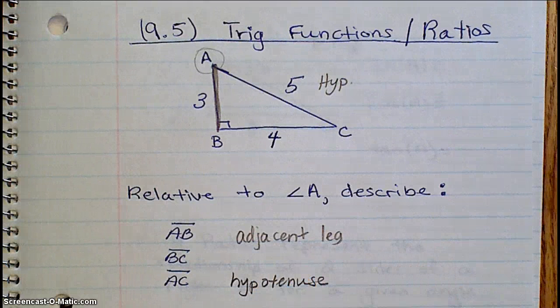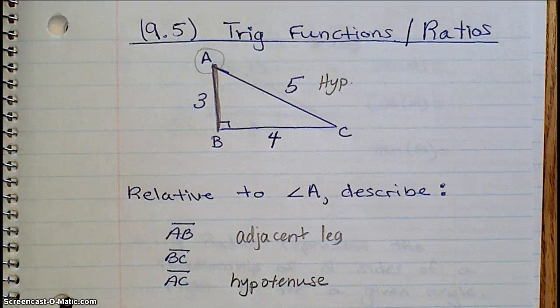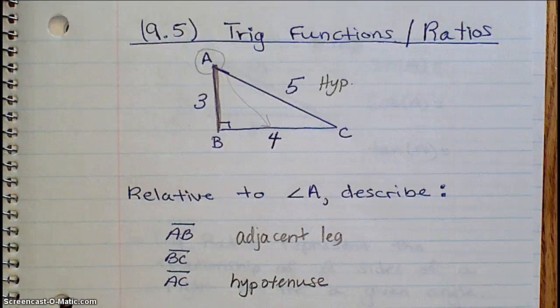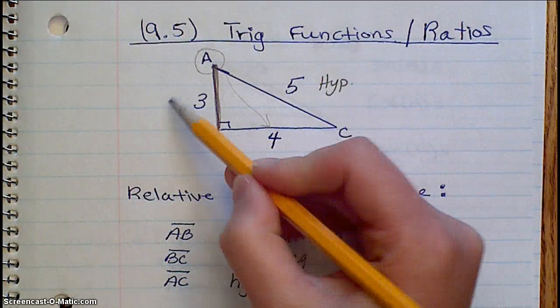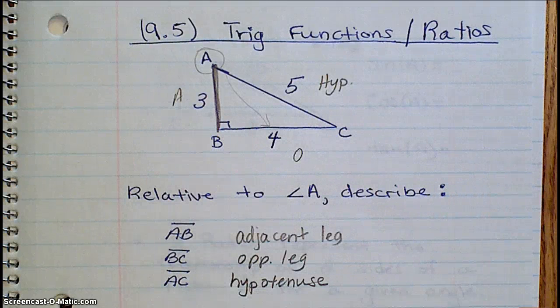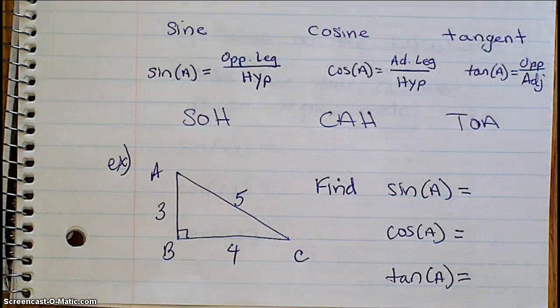So adjacent leg would be AB, and then BC is opposite of angle A, so this would be your opposite leg. When you're marking up your diagrams, it's really important that you put these letters or some little clue to yourself so that you can keep track of what information you are given.